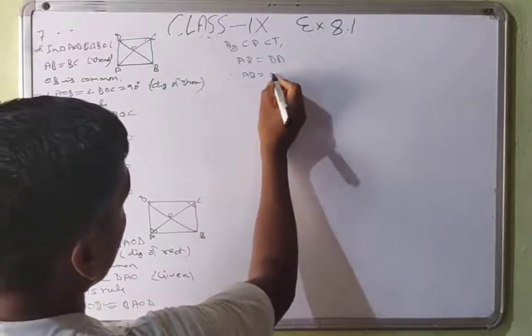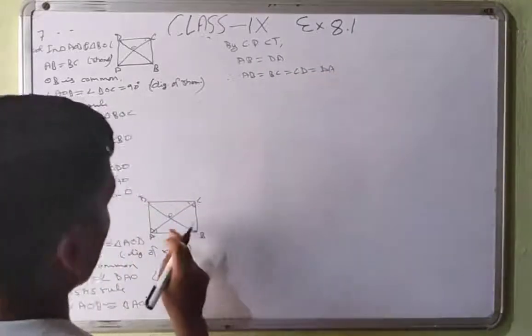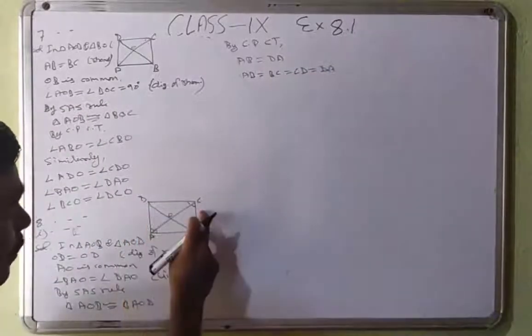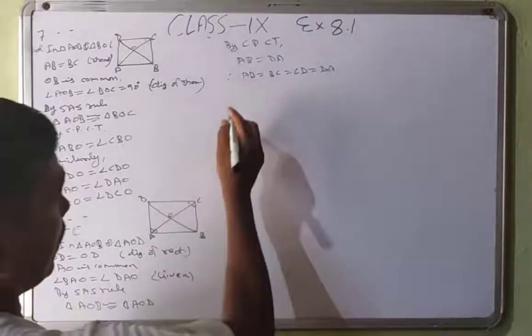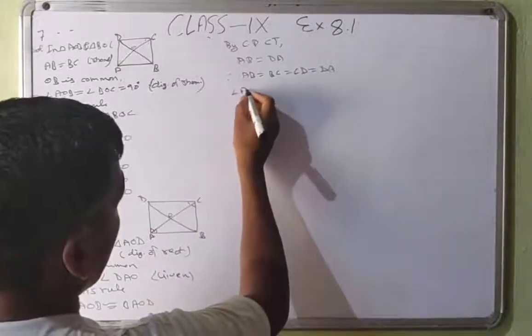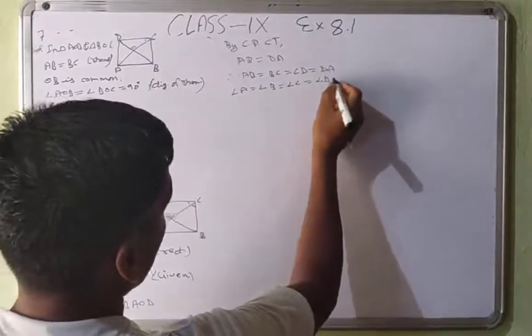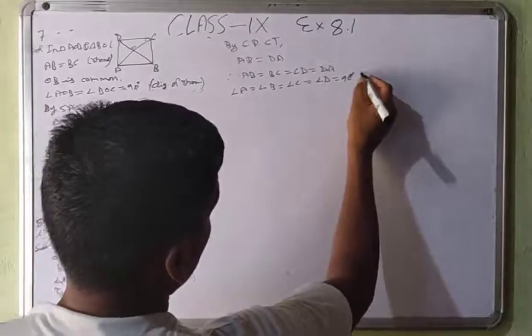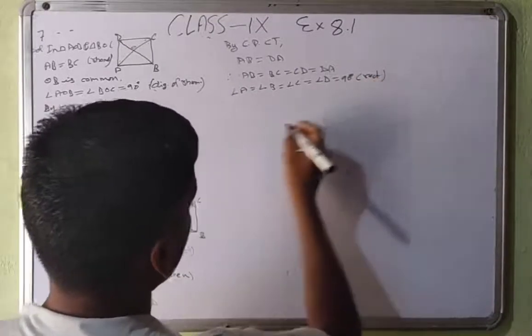So AB is equal to BC is equal to CD is equal to DA, because these are equal and these are equal, so this will also be equal. And then angle A is equal to angle B is equal to angle C is equal to angle D is equal to 90 degrees by rectangle.